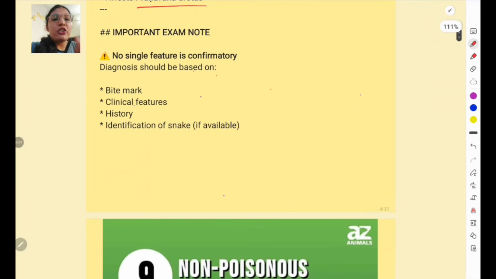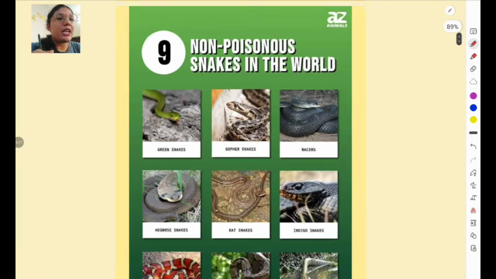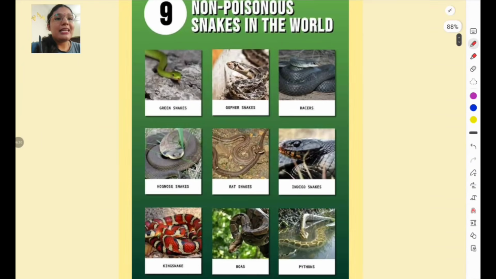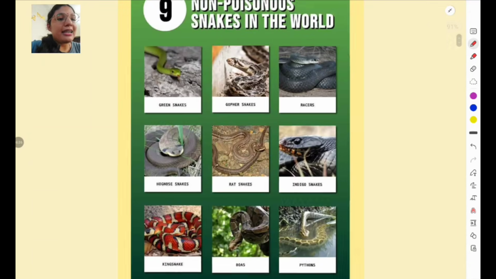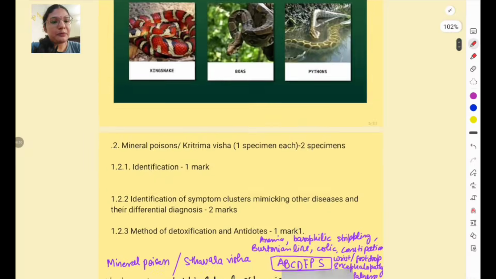Then when you write in your exam, diagnosis should be based on your bite marks, your clinical features, proper history, and snake identification if available. And these are the 9 non-poisonous snakes found in the world: green snake, gopher snake, racers, Hognose snake, rat snake, indigo snakes, king snakes, boas, and pythons.